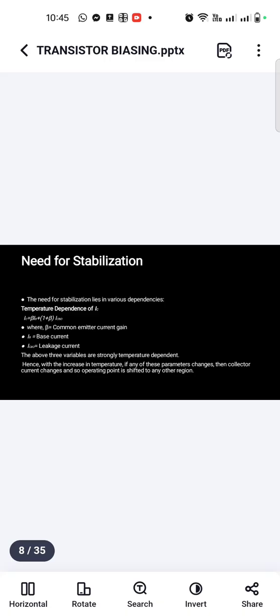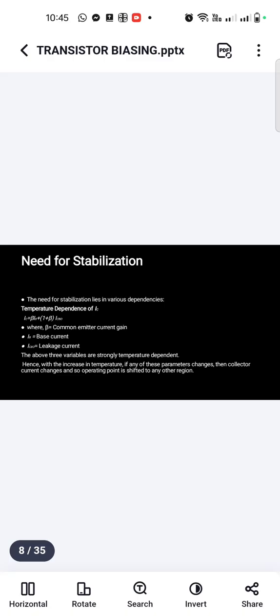So as we see in stabilization, why is stabilization needed in biasing, for various dependencies. Okay, for temperature dependence of IC, this is the standard equation of collector current in common emitter: IC is equal to beta IB plus (1 plus beta) into ICBO. Beta is the parameter and ICBO is the leakage current, the collector to base leakage current when the emitter is open.